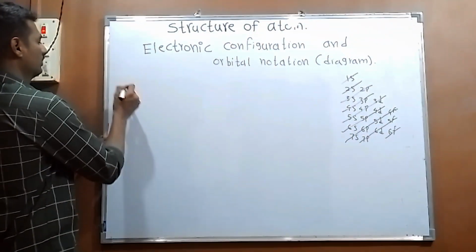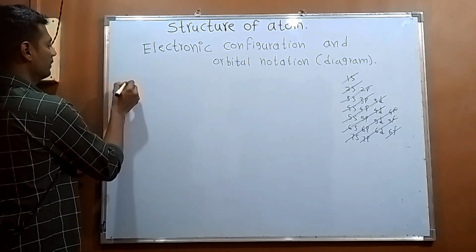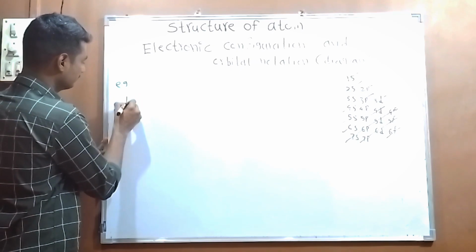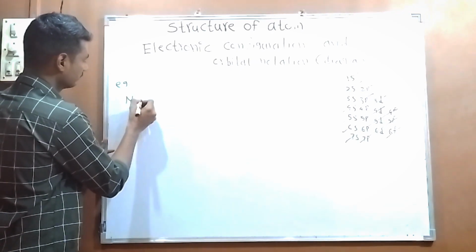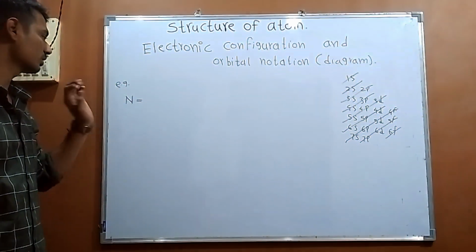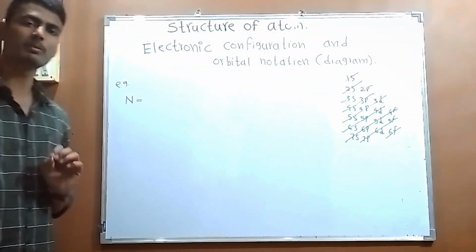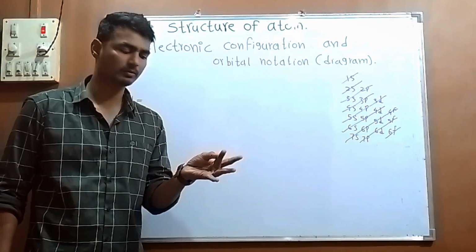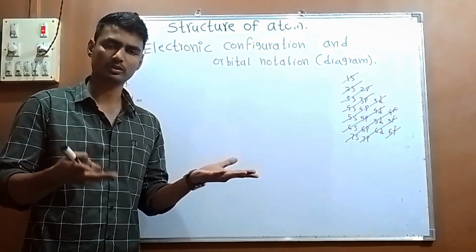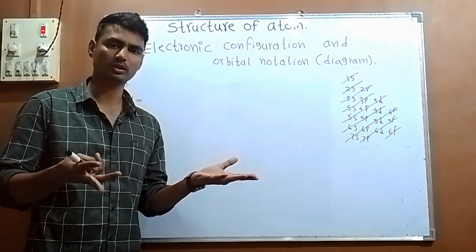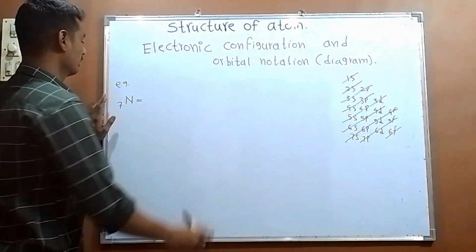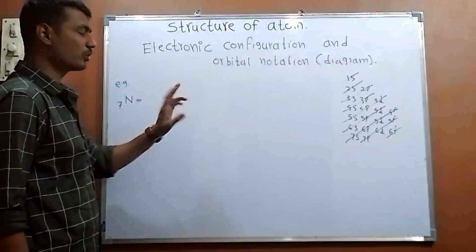Next task is, let's take an example, electronic configuration of nitrogen. We will draw the electron configuration and orbital diagram also. As we all know, nitrogen's atomic number is 7, counting hydrogen, helium, lithium, beryllium, boron, carbon, nitrogen. So we have to complete the number 7.